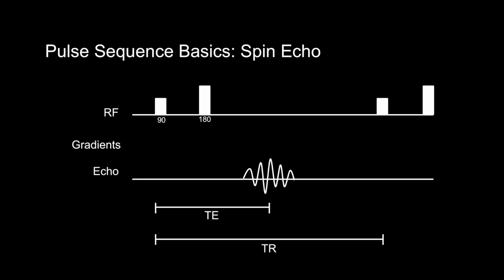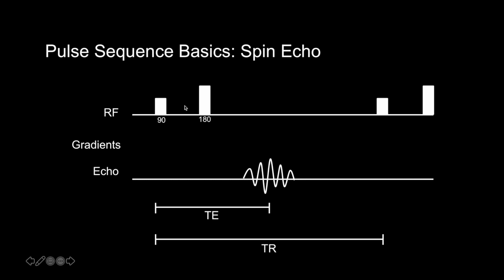Also remember that there is transverse decay due to magnetic field inhomogeneities, what we introduced when we talked about T2 star. If certain nuclei experience a lower magnetic field, they're going to precess slower than the other protons, get out of phase, which is going to result in a loss of signal in the transverse plane.